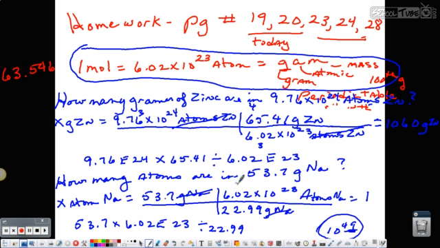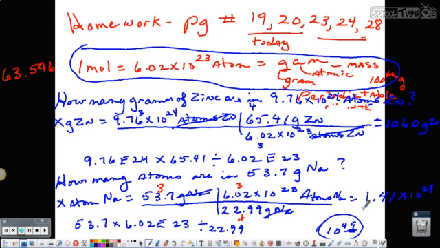How many significant figures are we going to get? Let's change colors if we can. There we go. We have 3, we have 3, and we have 4. So our answer should have 3 significant figures. So 1.41. Now, if you don't look all the way at the end of your calculator, you're going to miss this times 10 to the 24th.